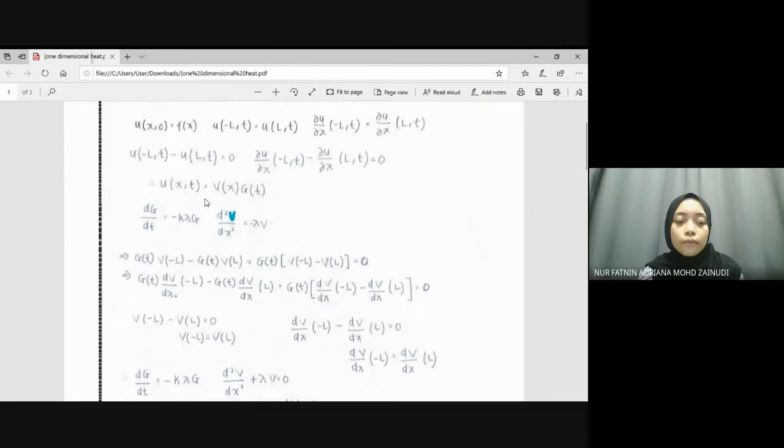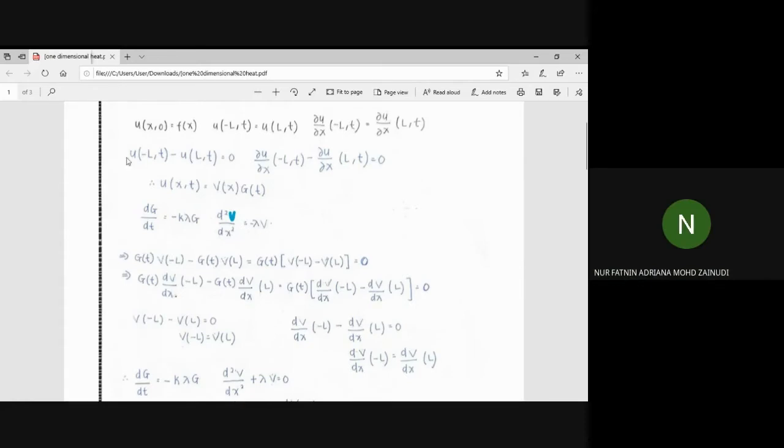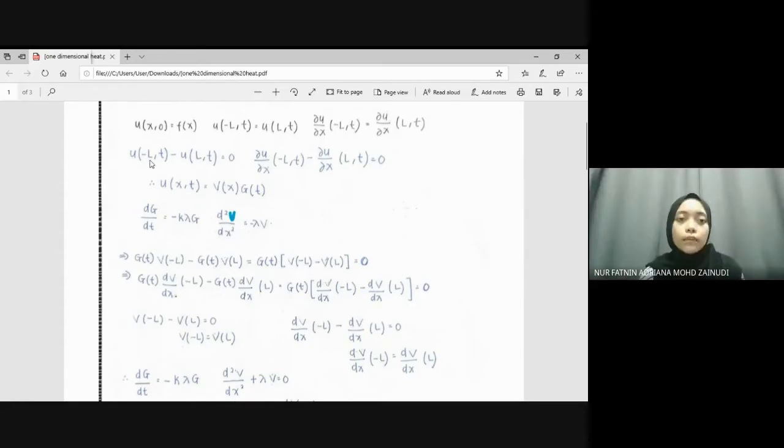So first thing we will rewrite them so that it will be easier for us to see. We will write them as u(-L, t) minus u(L, t) is equal to 0, and du over dx(-L, t) minus du over dx(L, t) is equal to 0.